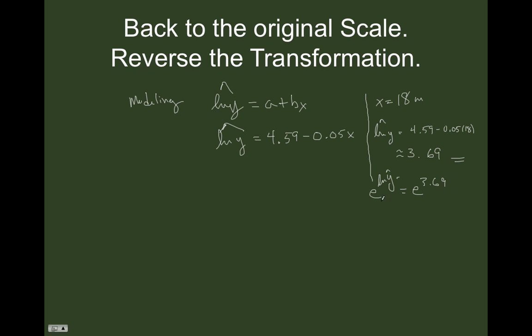e and ln are inverse functions, so in the composition, they undo each other, so we end up with y hat, and y hat is equal to e to the 3.69. And again, I should be using approximates, but I'm pretty lax with that in stats because we're into ideas here.